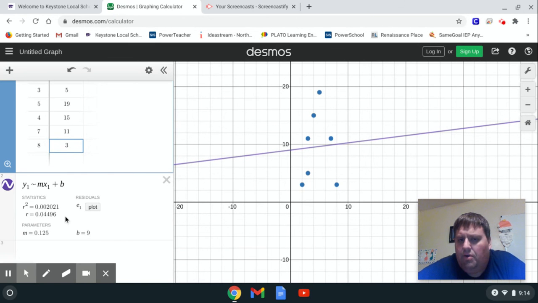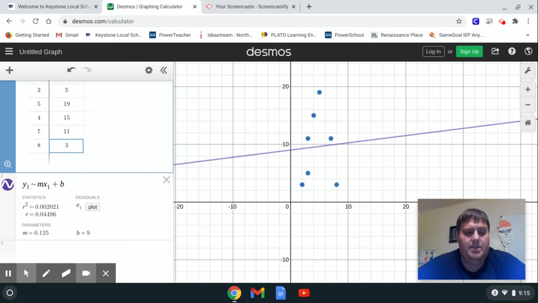The closer to 0 it is, the closer there would be to having no relationship in our data. So even though it looks like it could still be a strong or a positive correlation here, these outliers are really pulling it away from that. And so not quite as strong, okay?